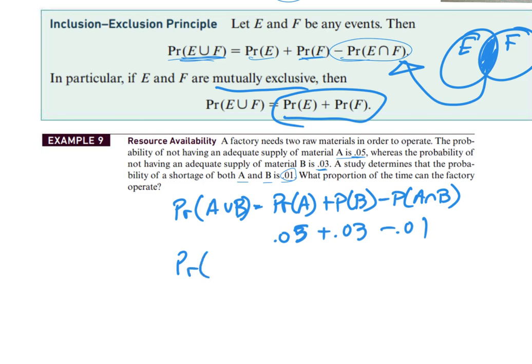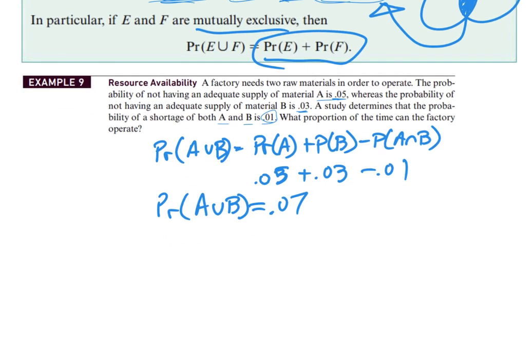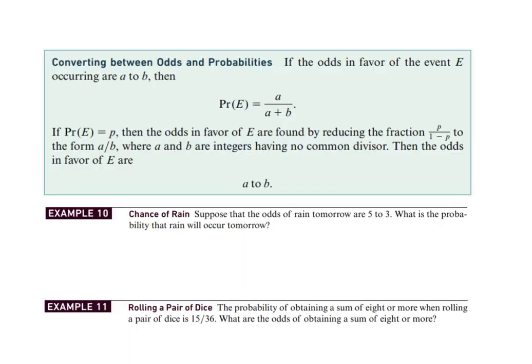So the probability of the time we have run out of A or B would be 0.07. So the question is, what proportion of the time can the factory operate? Well, we take 100 minus the 7%, so 93%, or 0.93, of the time they would be able to function because they have a supply of both materials.